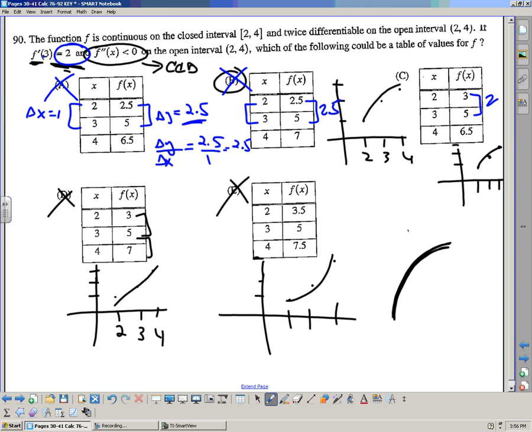So I'm not totally going against the notion that f double prime of x is less than 0. And then my decrease keeps lessening. Oh, sorry, my increase keeps lessening as we go along. That one's definitely a tricky question, but choice C is the answer.